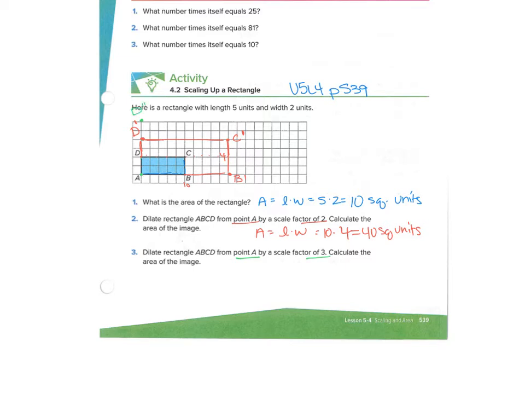squares away from A. My B double prime is going to be 5, 10, 1, 2, 3, 4, 5, 15 squares away from A. And C, I'm going to go over another 5, 1, 2, 3, 4, 5, up another 2.